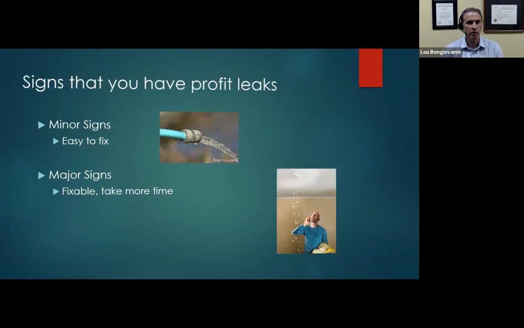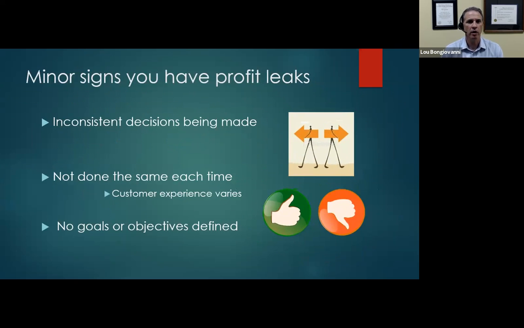So let's go over some examples of minor signs of minor leaks. One is you have inconsistent decisions being made. So, for example, if you're a retailer and you have a somewhat loose policy on returns, and someone comes to the counter and you have one person there and they extend maybe a looser exchange policy for a particular person, and now let's say that same person comes back months later, but now a different person's at the counter, and they extend maybe a tighter one or a looser one, whatever the case may be.